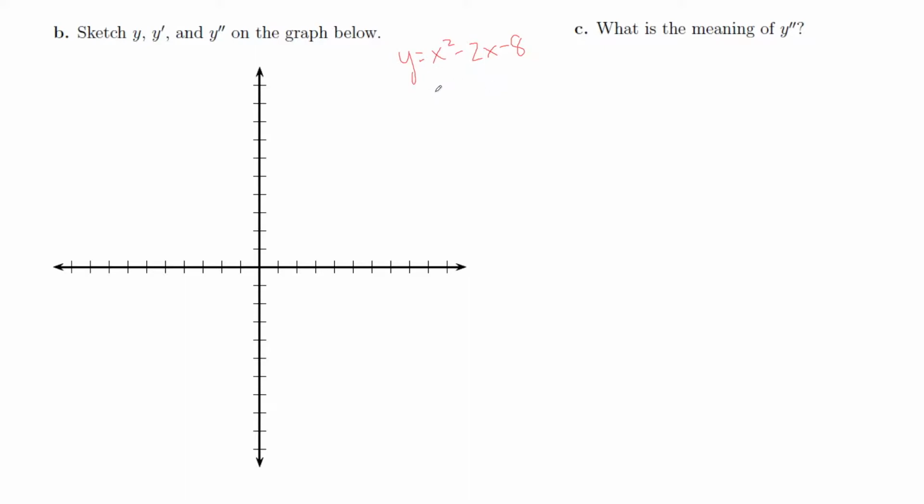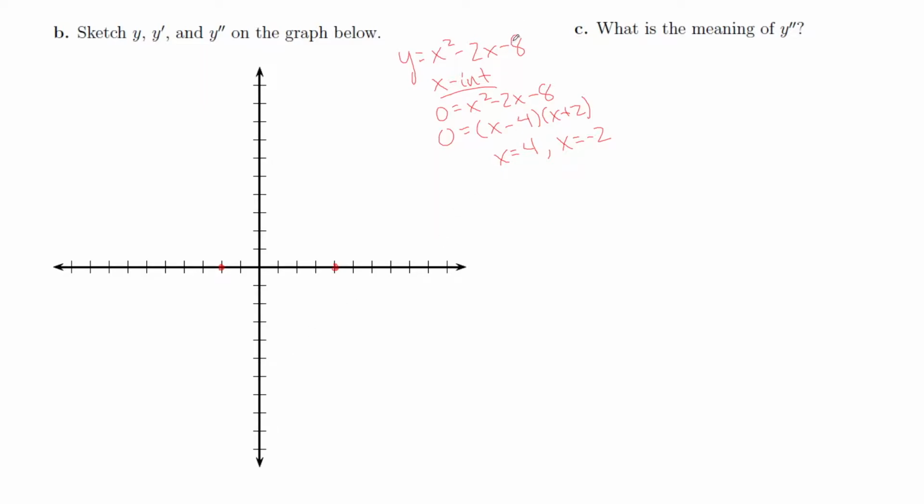And because it factors, I do know that its x-intercepts just come from solving this and it factoring out into x minus 4, I guess it would be, and x plus 2. So we can see that x equals 4 and x equals negative 2. Those are our zeros. So here's one, and here's the other. And of course the vertex, because of the symmetry of a parabola, is right in the middle of the two.